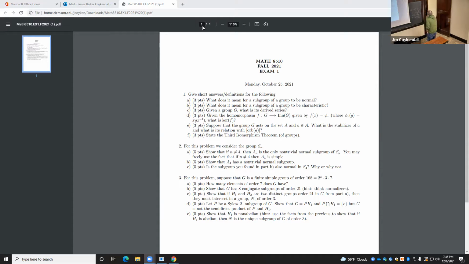So the normalizer of that group of order 21. So the normalizer of 3. A group of order 21, its normalizer. This is one way of looking at it.